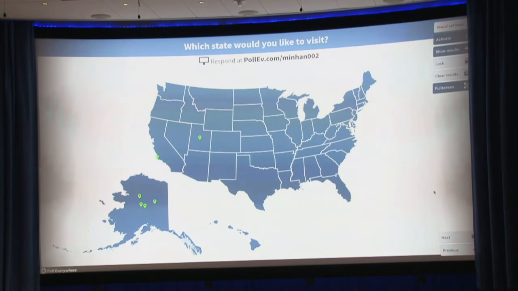So which state would you like to visit? We have more than 20 people in this podium, and I see only less than 10 answers so far. So can you please answer? So a lot of people answered this one. I believe this is Alaska, right?